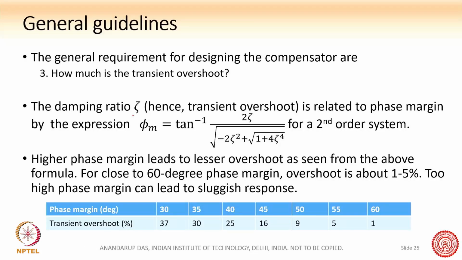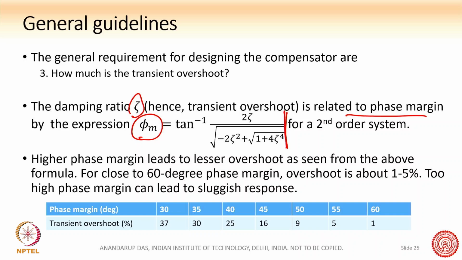This again comes from a control systems textbook. The damping ratio zeta, and hence the transient overshoot, is related to the phase margin phi m by this expression, which is a little bit complicated, but can be seen in textbooks.